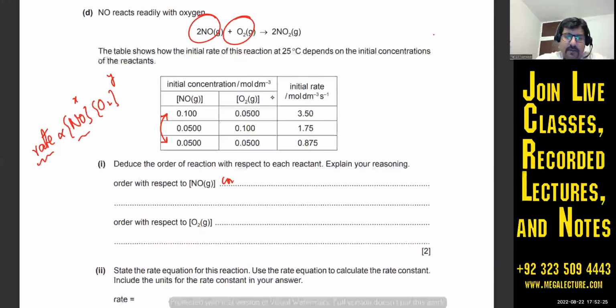So I'm going to compare experiment number 1 and experiment number 3, right? So what is happening to NO's concentration? That doubles, right? And what is happening to the rate?